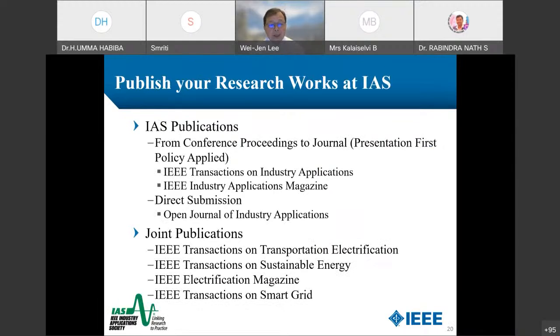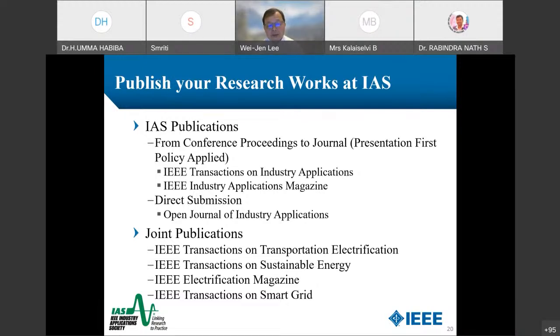From the IAS publication point of view, we have a so-called presentation first policy. You have to present your paper in one of the IAS sponsored conferences, and from there it goes through further review for the Transactions on Industry Applications or the Industry Applications Magazine.